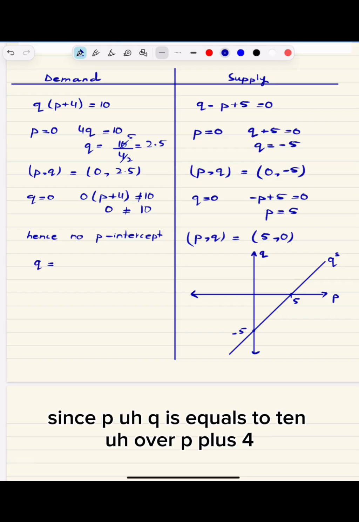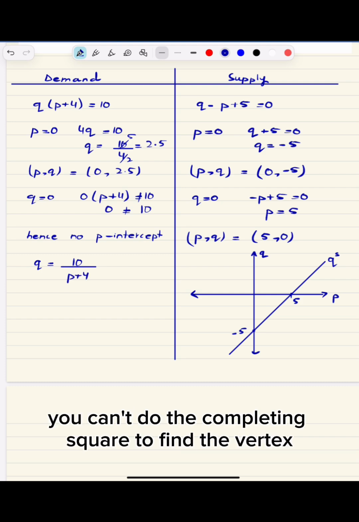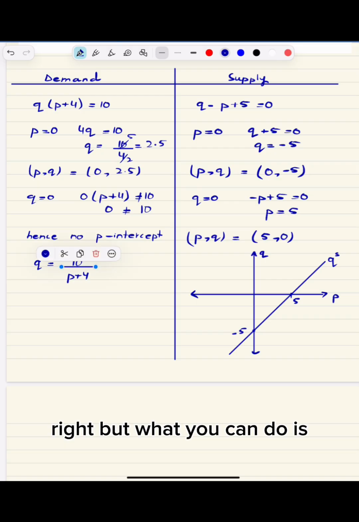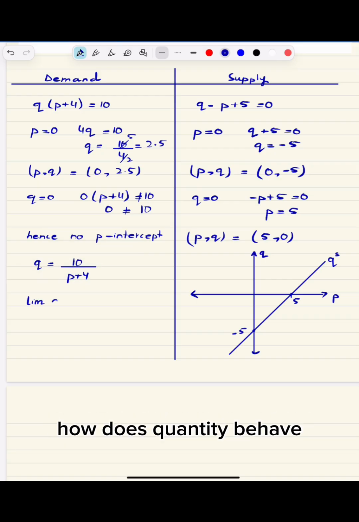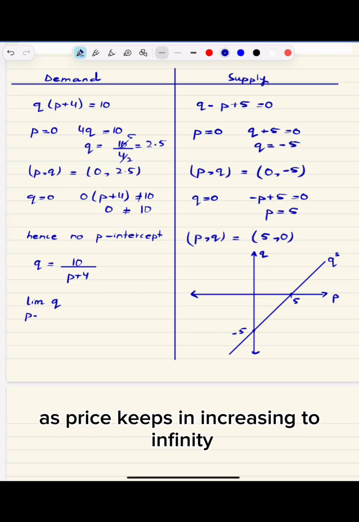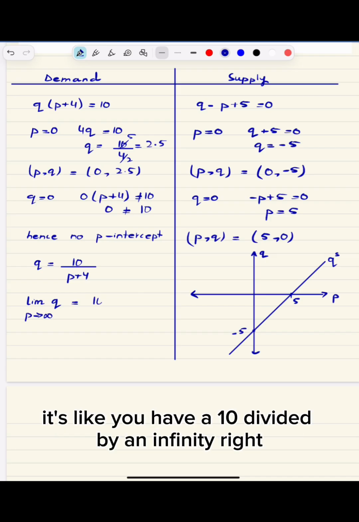Since q is equal to 10 over p plus 4, you can't do completing the square to find the vertex, right? But what you can do is observe how quantity behaves as price keeps increasing to infinity. It's like you have 10 divided by infinity, right?